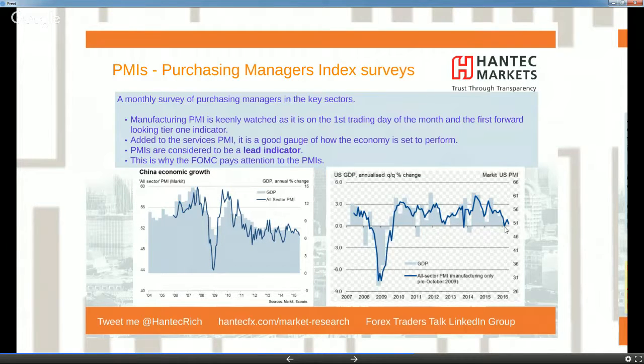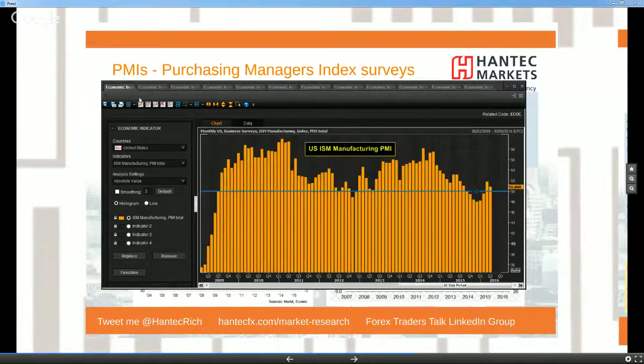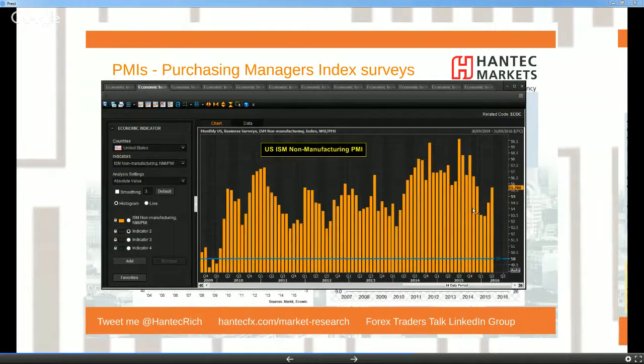And we basically hiked rates here, didn't we? And then PMIs are well below, almost at sort of 2-year lows, aren't they? Let me just show you that again. So this is the manufacturing, around sort of 2-year lows, and the service sector, the non-manufacturing ISM PMI, is again well below the 2014 and 15 levels.